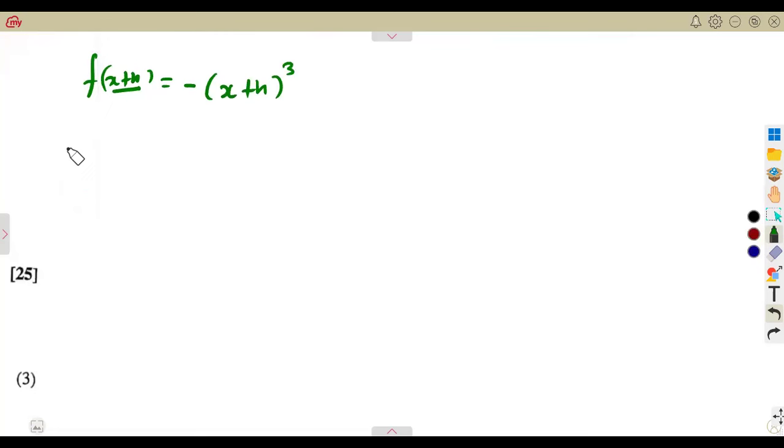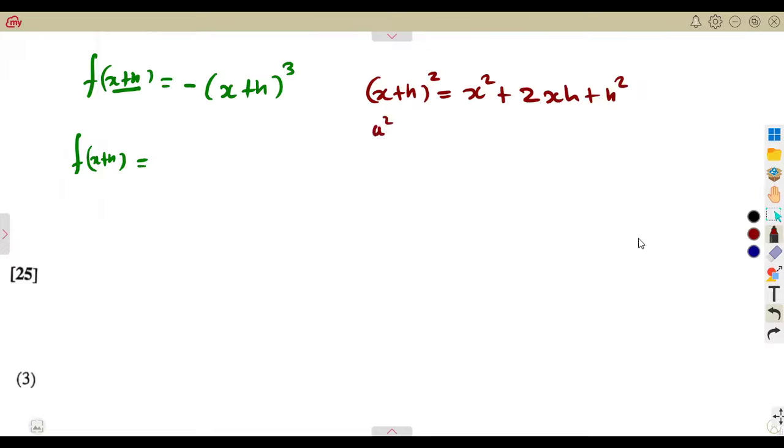So let's simplify this and see. It was going to be f of x plus h is equal to what? You can expand. Remember, you are used to the expansion of x plus h squared, that this one is going to give us x squared plus 2xh plus h squared.